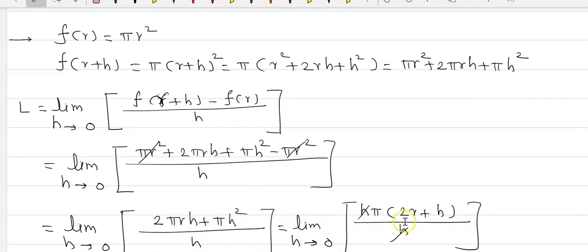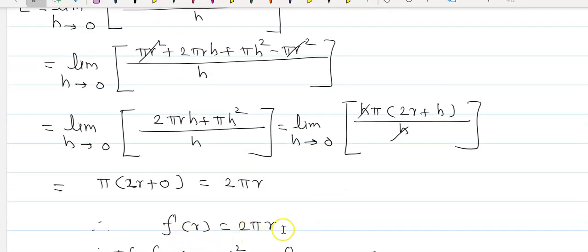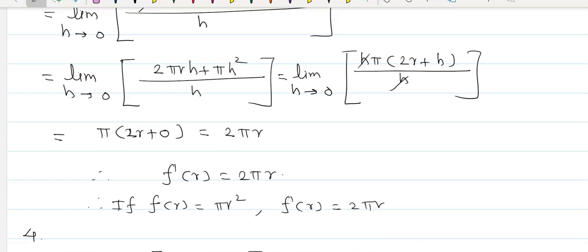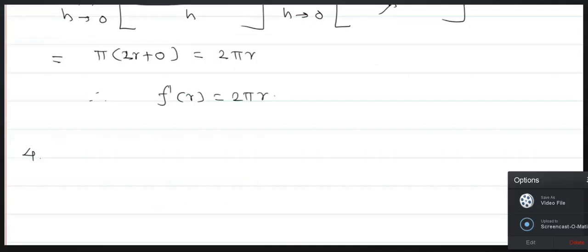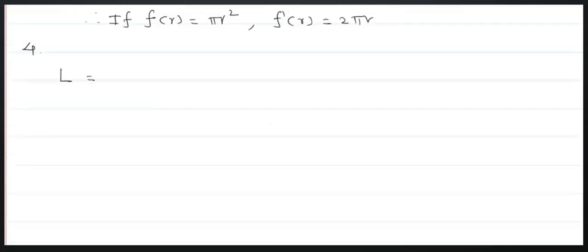Take pi h common, then in bracket you will get 2r plus h upon h. That is pi in bracket 2r plus h, that is 2 pi r. Therefore, f dash of r is equal to 2 pi r. If f of r is pi r square, its derivative with respect to r is 2 pi r.